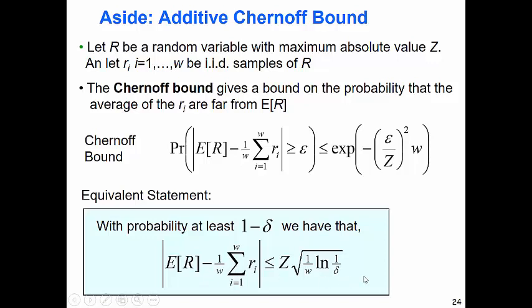And so again, as delta gets smaller and smaller, this gets larger and larger, and that's what we would expect. As W gets larger and larger, we expect this to go down, and it does. It's the square root of 1 over W. So that's the Chernoff bound. That's what we've seen before. Any questions about this before we move on?